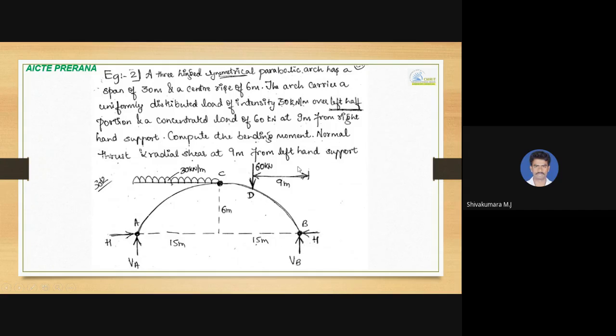And then VB at a distance of 30 meter, trying to rotate in the anti-clockwise direction, so minus VB into 30 meter. So 30 into 15 is positive, 60 into 21 is positive, VB into 30 is negative.